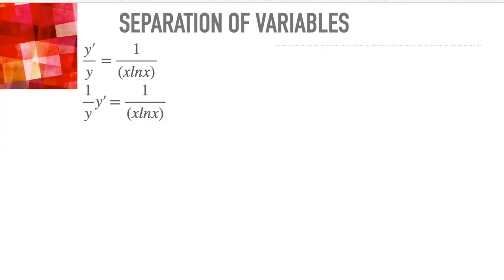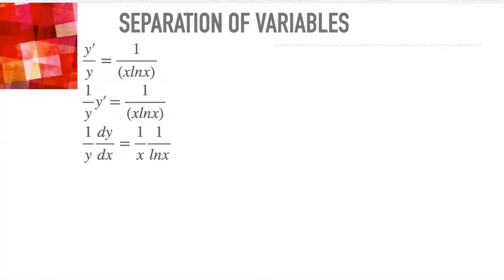Now remember that y prime over y is the same thing as 1 over y times y prime. So y prime is the same thing as dy over dx, and 1 over x ln x is the same thing as 1 over x times ln x.